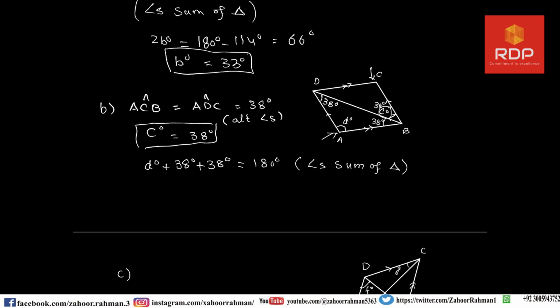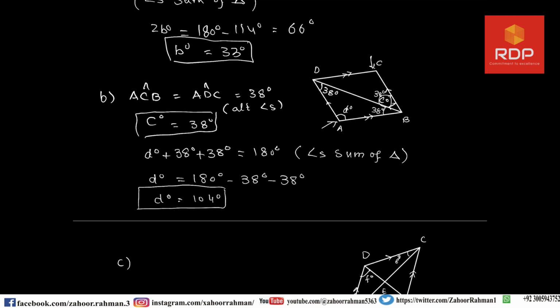So D degree is equal to 180 degree minus 38 degree minus 38 degree, and we are going to find the final value, and that is 104. 104 is the ultimate answer.